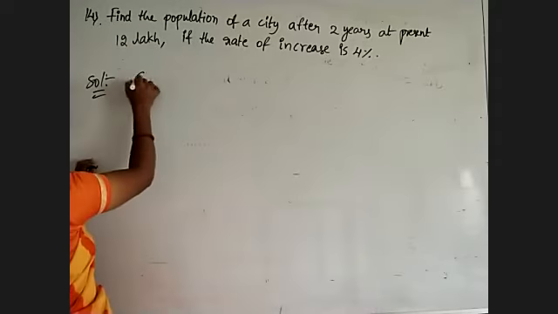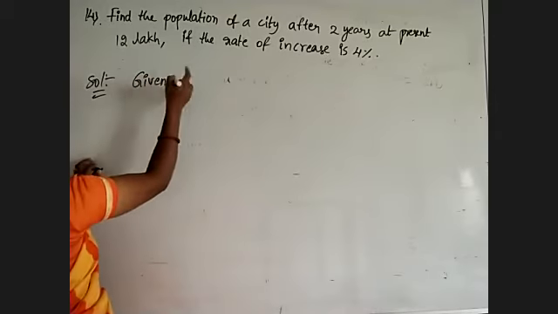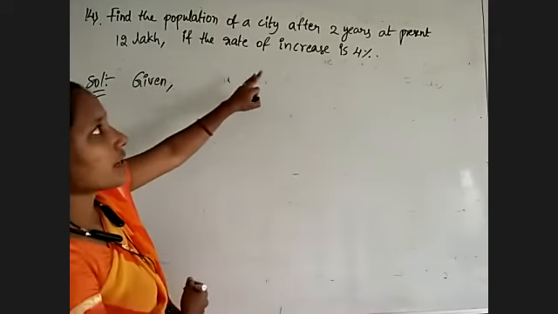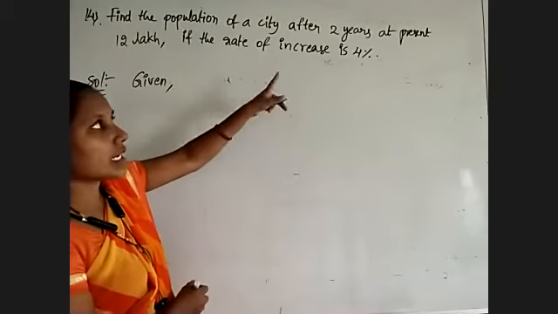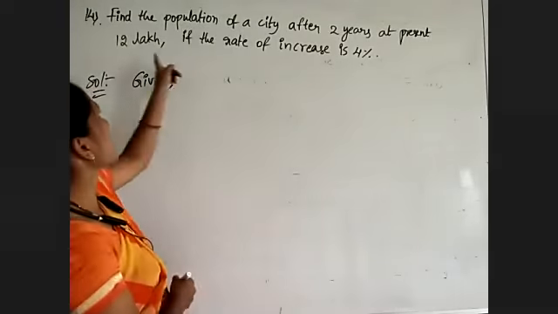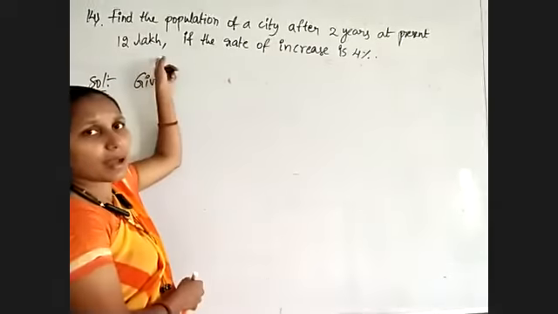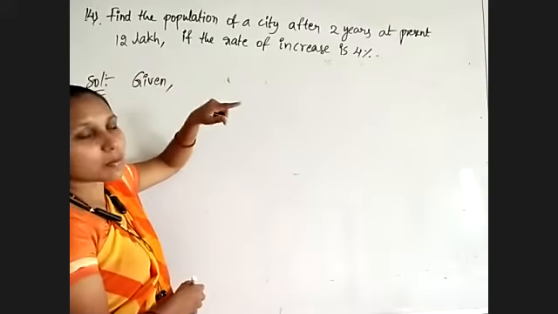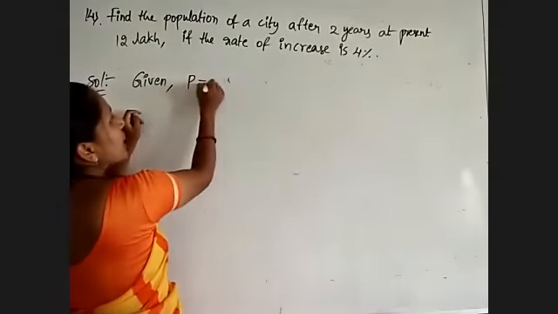So here given values are: find the population of a city after 2 years. T value given is 2 years. At present 12 lakh, so present population is 12 lakh. That means principal is equal to 12 lakh.